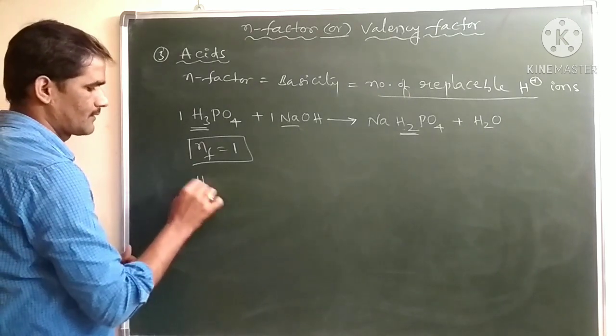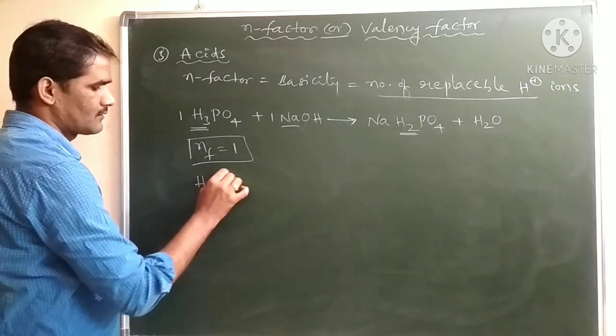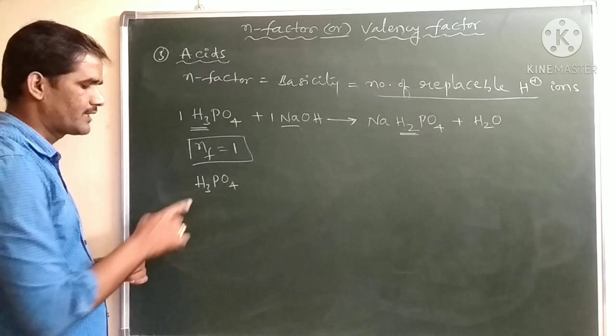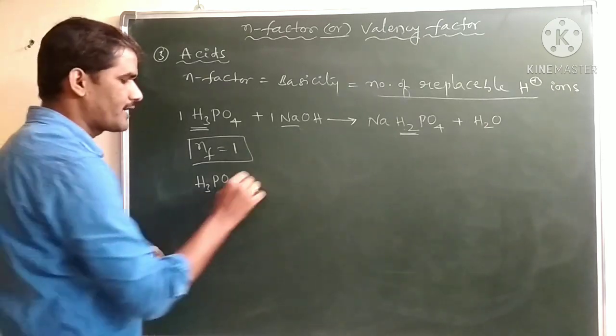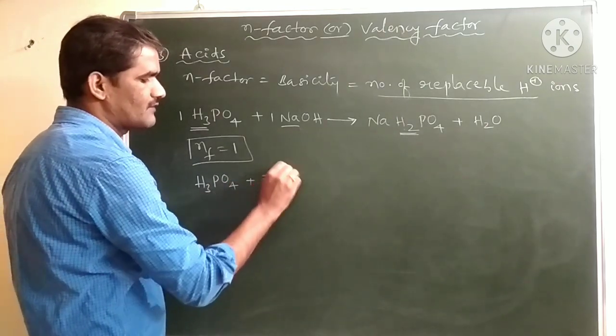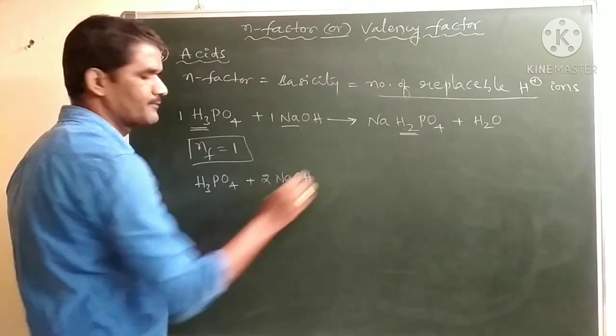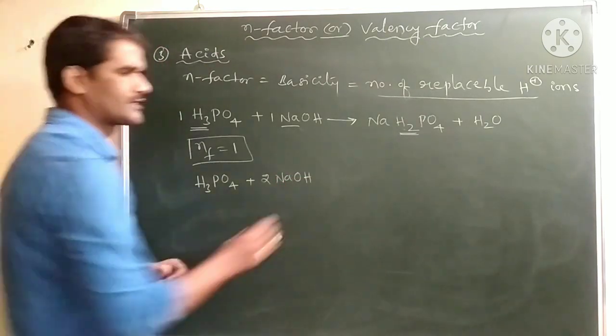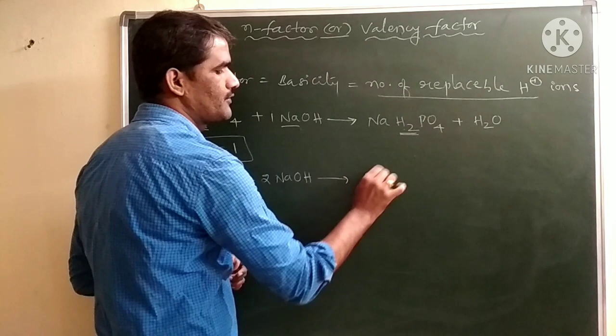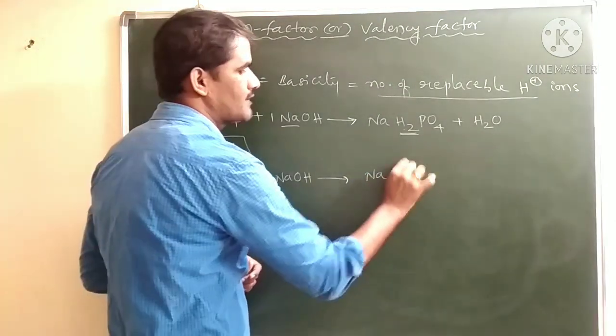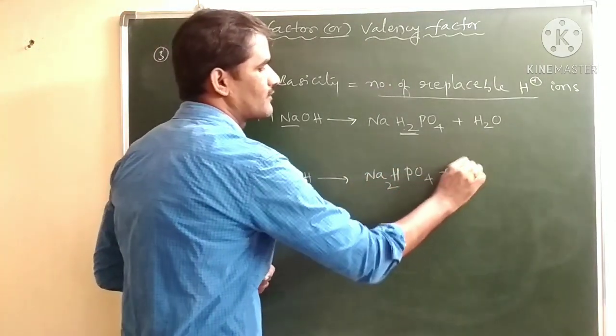Similarly, if I take another reaction, here H3PO4 reacting with 2 moles of NaOH instead of 1 mole. Let us take here 2 moles of NaOH. Then it is producing Na2HPO4 plus water.